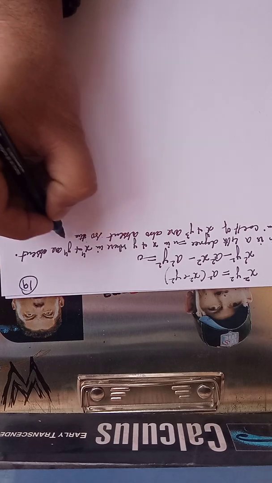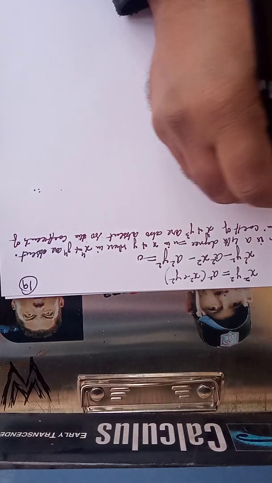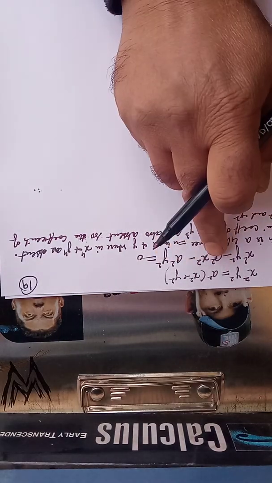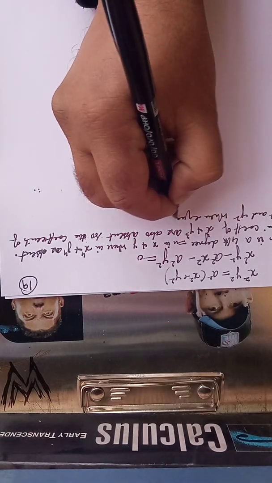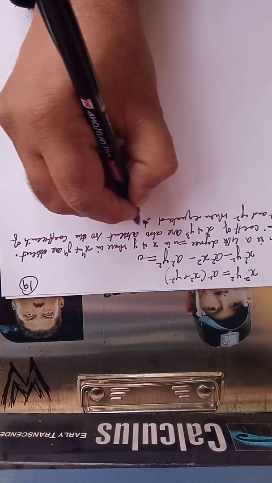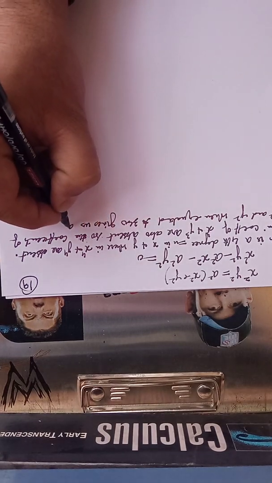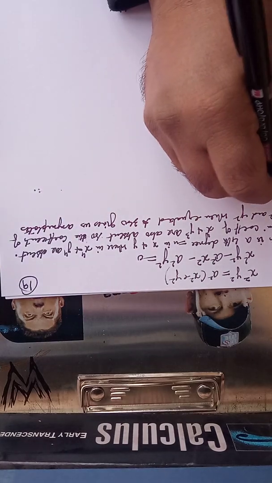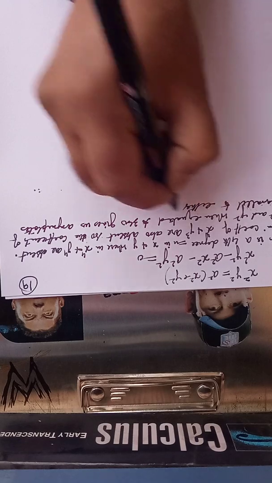The coefficients of x square and y square, which are both present there, when equated to 0, give us asymptotes parallel to either axis.